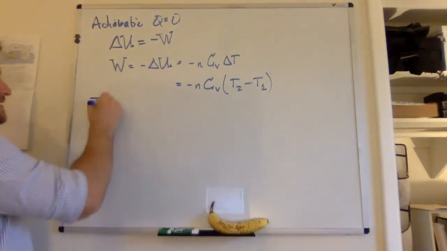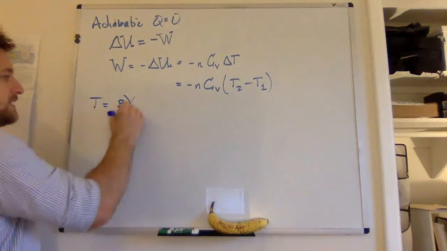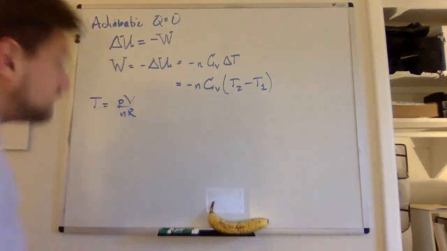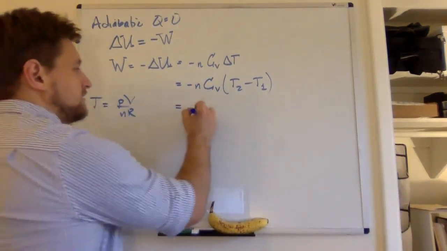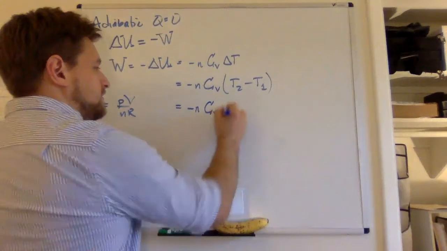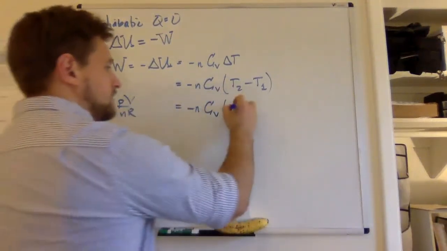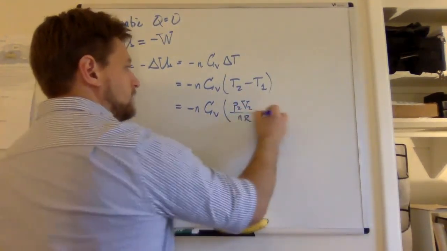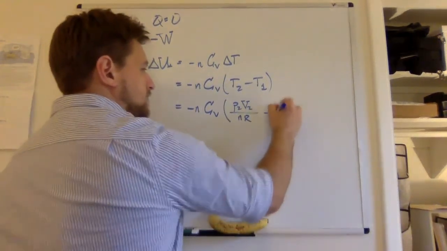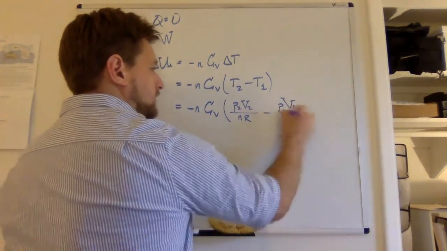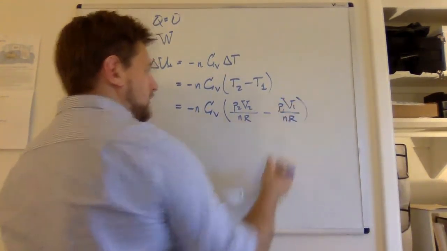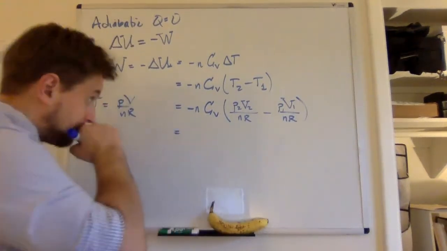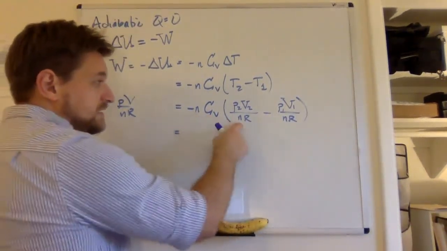T is PV over NR. So this is negative N CV, T2 P2 V2 over NR minus P1 V1 over NR equals, the Ns cancel.